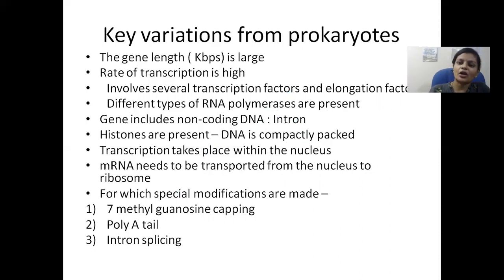So this is what we call introns and exons. Introns are non-coding regions, whereas exons are the coding regions of a gene. So even within the span of a single gene, it is possible that there are several exons separated by several introns lying at certain intervals.